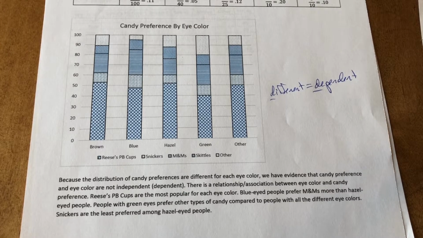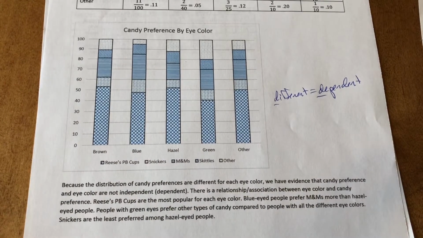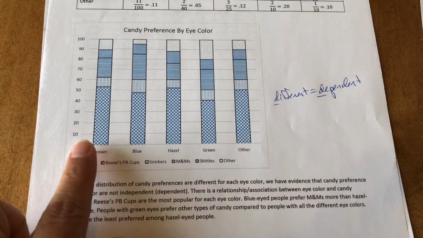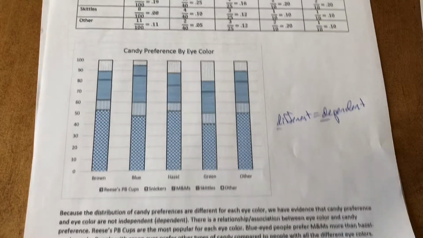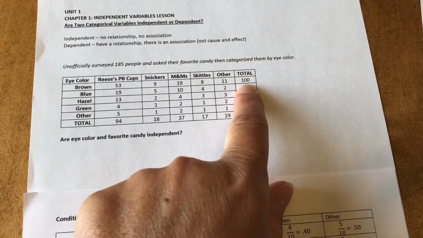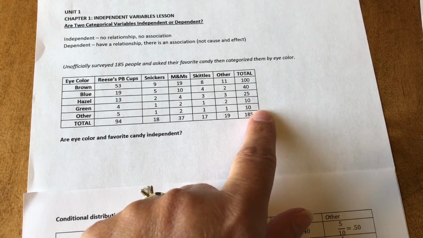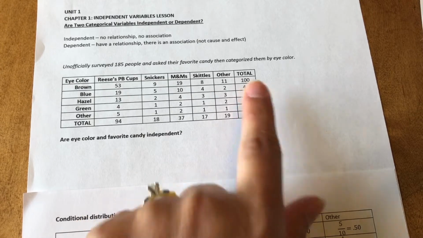Okay, now, in addition to a segmented bar graph, I wanted to show you a mosaic, okay? Now, a mosaic is going to be a segmented bar graph, but the widths of the bars are going to be related or numerically associated with the number of people in the survey, or the number of observations per category, per variable that you're grouping on, okay?